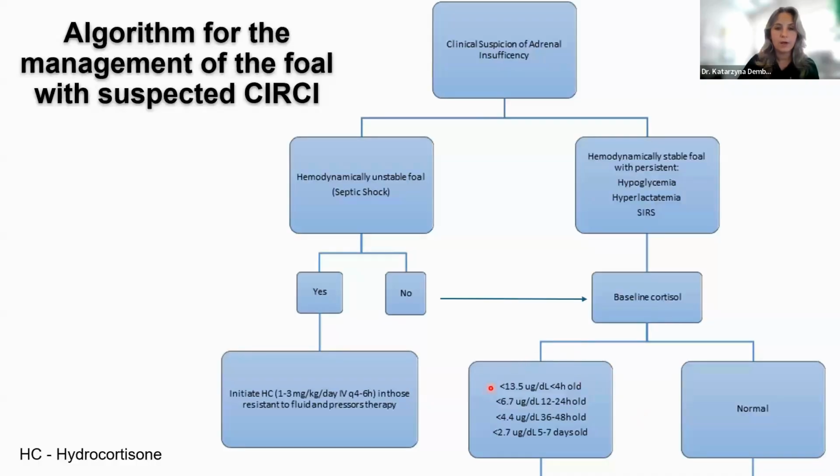So here on the bottom, we have normal ranges for the healthy foals, depending on the age. And the very young foals after birth, they have high cortisol, and the cortisol concentration decreases over time, all the way till they are 5 to 7 days old.